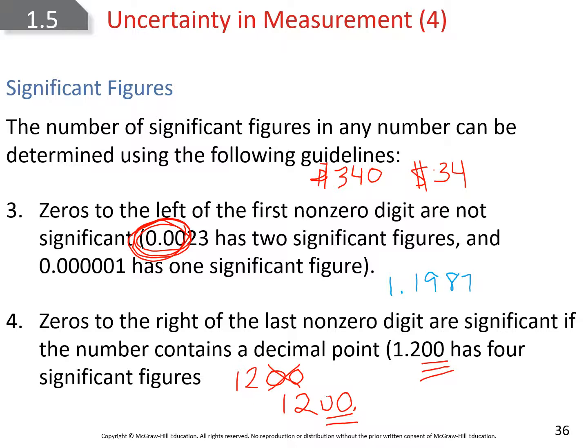Well, if we had to round at this place here, we would say, okay, that 9 and that 8 are over 5, and so is this 7. So perhaps it rounded to this number right here. Those zeros came from somewhere.